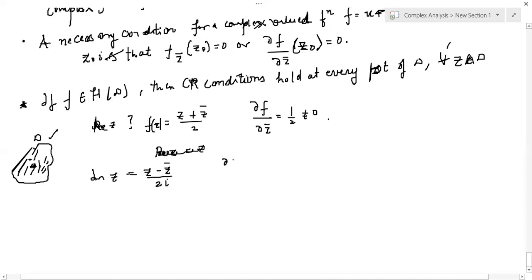So clearly del f upon del z bar is simply 1 upon 2 iota, or minus 1 upon 2 iota, which is simply equal to iota upon 2. In any case, this is also not equal to 0. So the imaginary part of z is nowhere differentiable, therefore nowhere analytic, and the real part of z is also nowhere differentiable, therefore nowhere analytic.